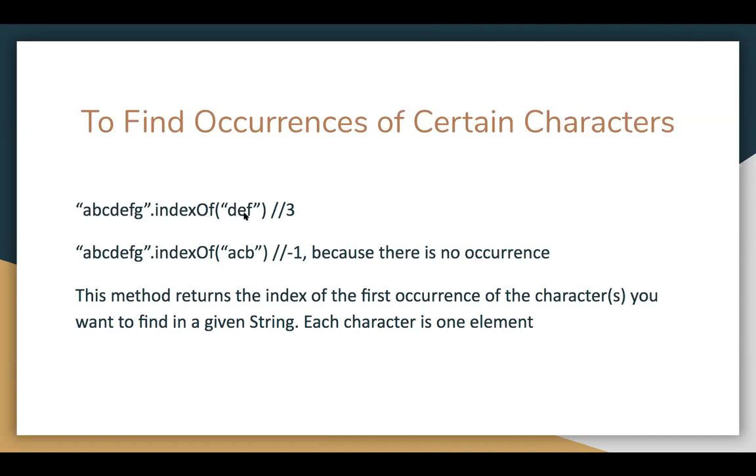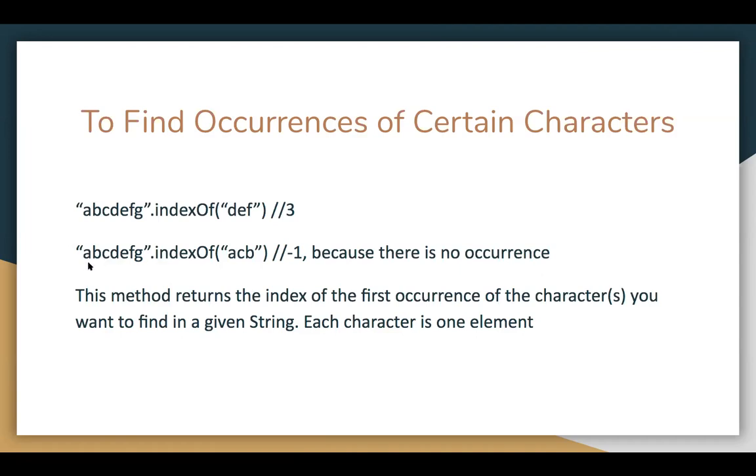So if I had a DEF later down the string, it would still output 3. It goes 0, 1, 2, 3 to this first DEF here, and that's why it would output 3. And like arrays, the indices all start from 0.